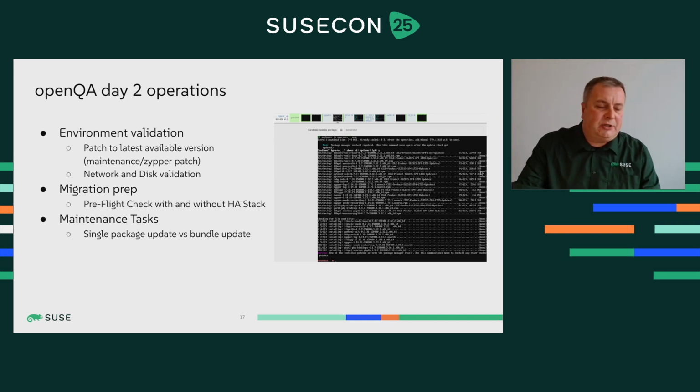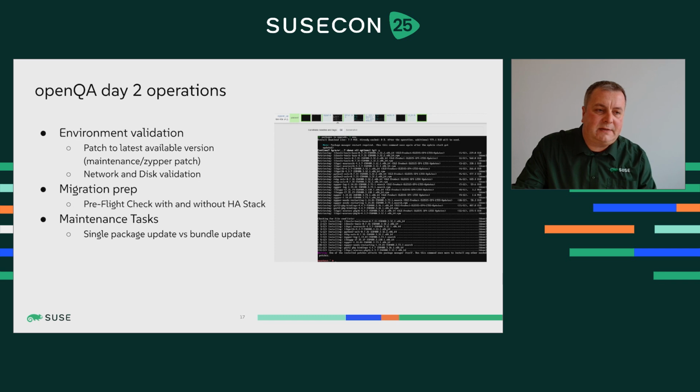So the day two operations on the openQA side are basically environment validations. We are executing the maintain tasks. We are executing zypper patch and zypper update. We are making sure that the network and the disk are in place and stable.